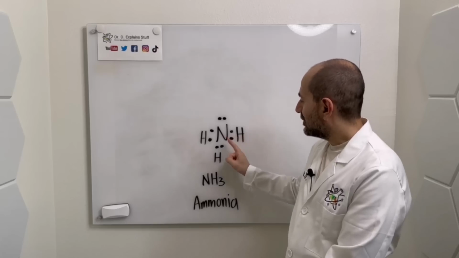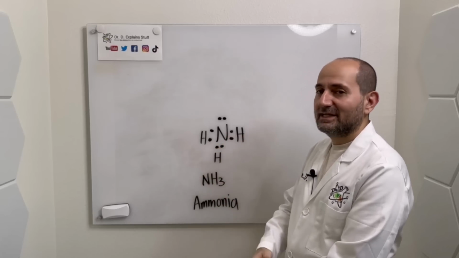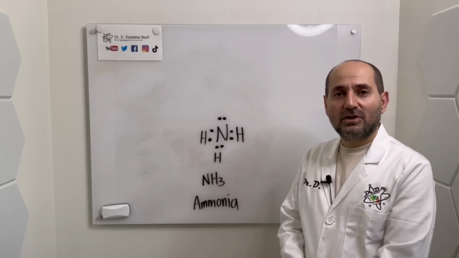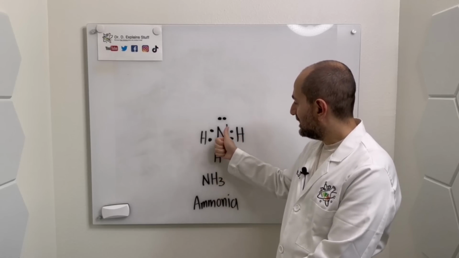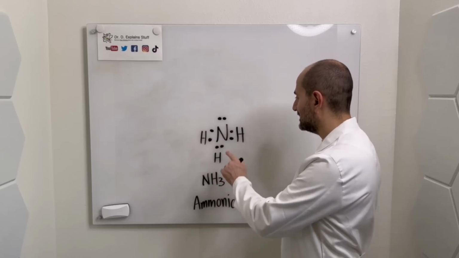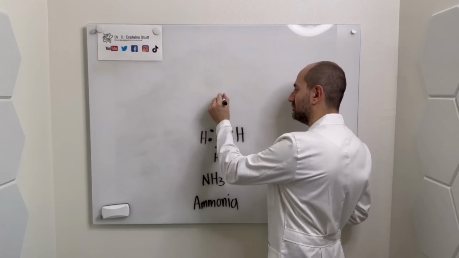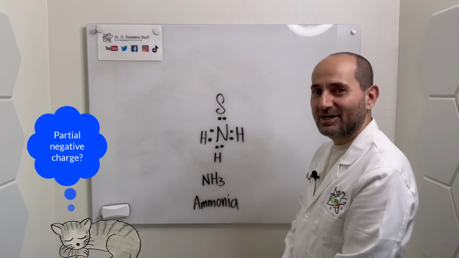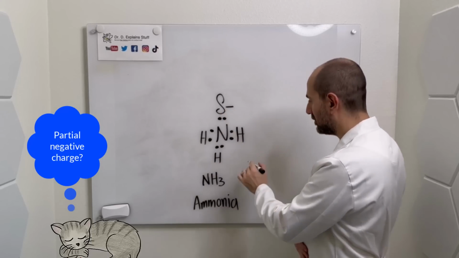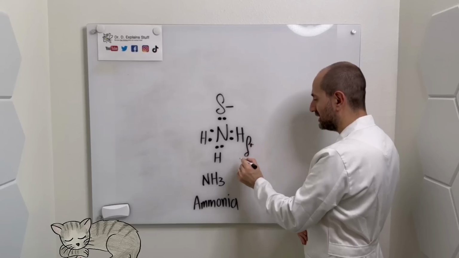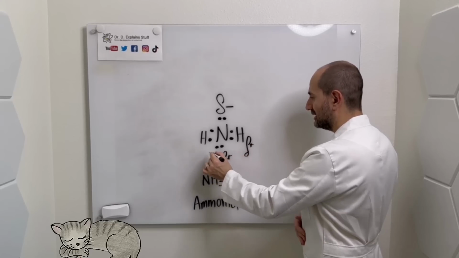The electrons are being hogged by nitrogen, and do you remember electrons have a negative charge? So the negative charge is being drawn to the nitrogen. The nitrogen develops what? A partial negative charge, leaving the hydrogens with a partial positive charge, okay?